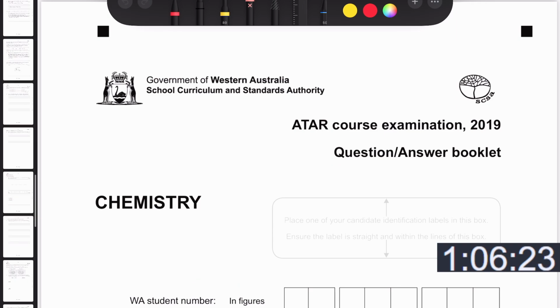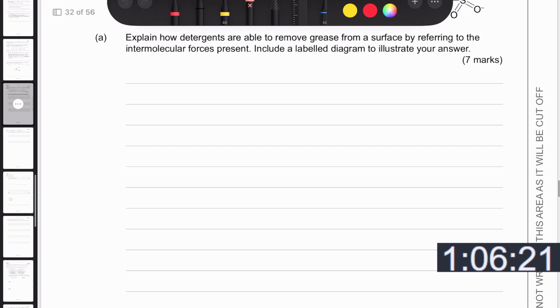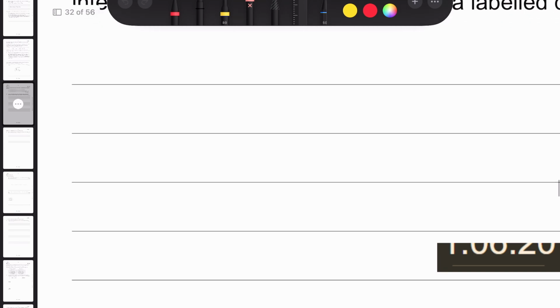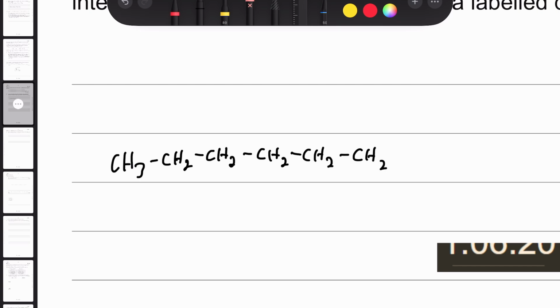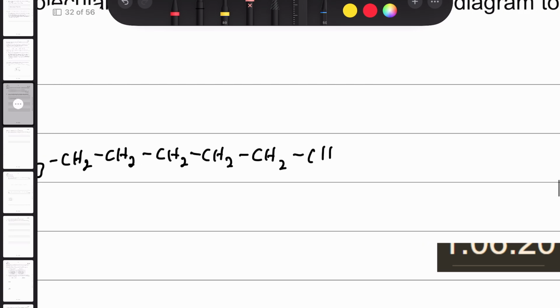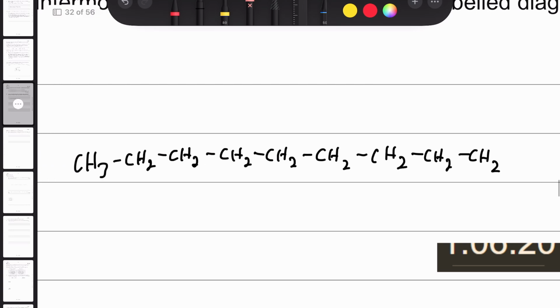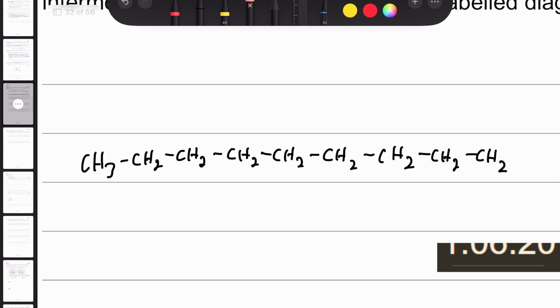I'm going to pause the timer because that's not fair. I'm going to redraw what I just did. CH2, 6, 7, 8, 9. 1, 2, 3, 4, 5, 6, 7, 8, 9.